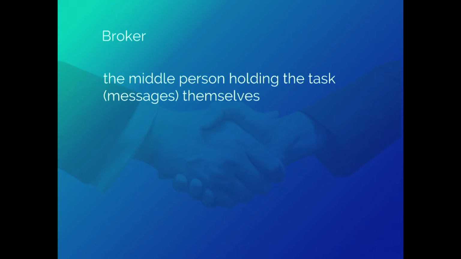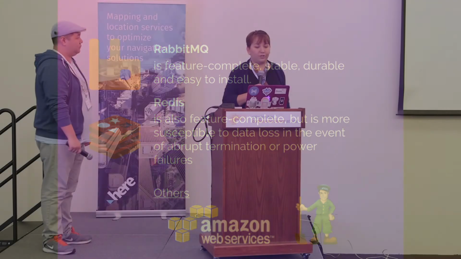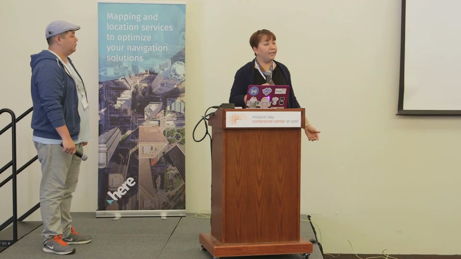Anyways, so a broker will be handling that component, not your actual application. So here are some examples of brokers that Celery recommends. The two major ones are RabbitMQ and Redis. RabbitMQ is stable. Celery does recommend it as the one you should be using. Redis is also highly used.